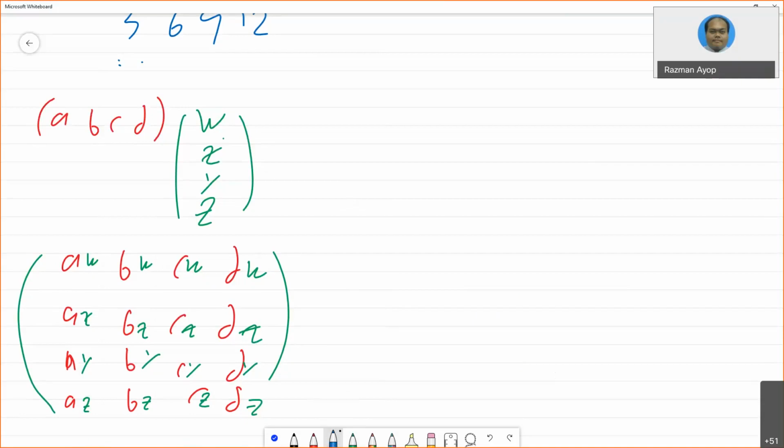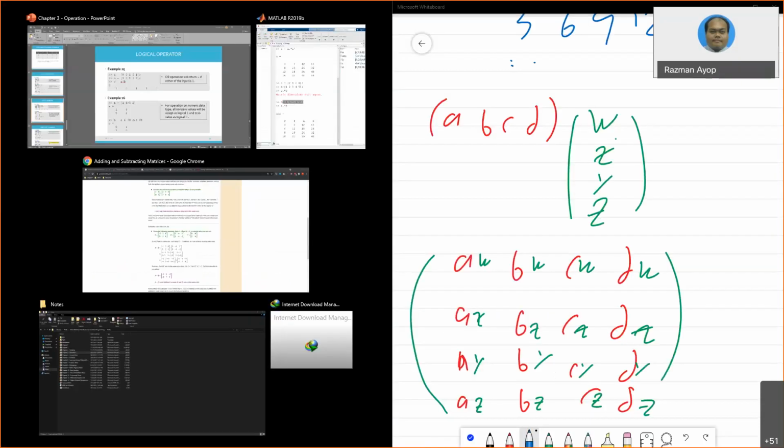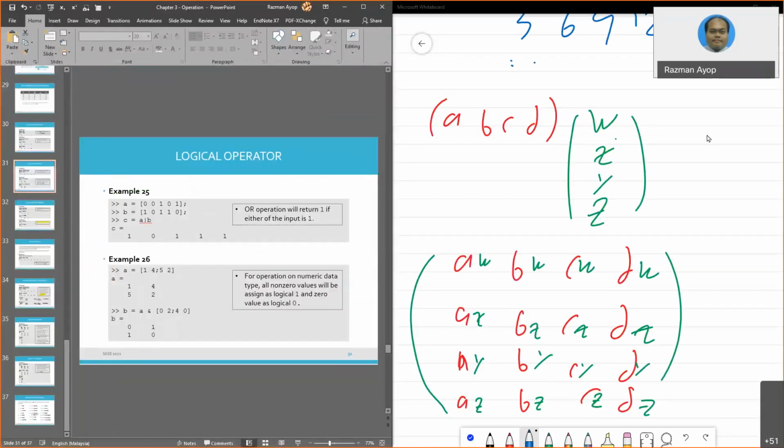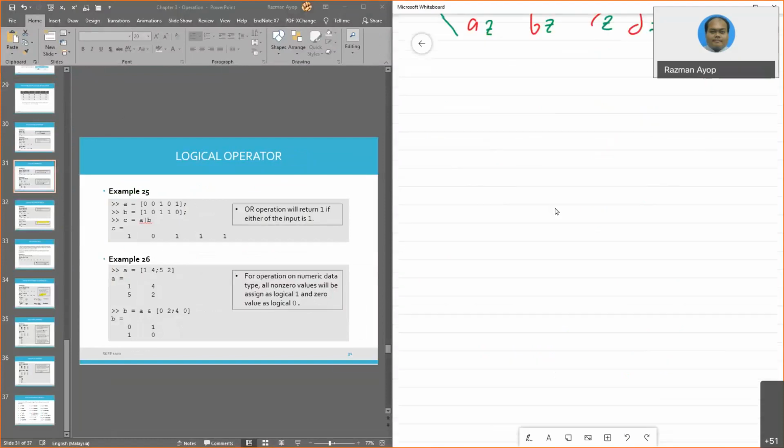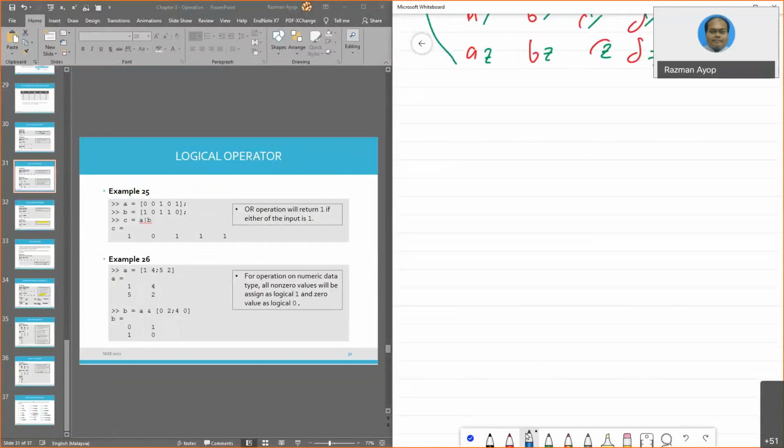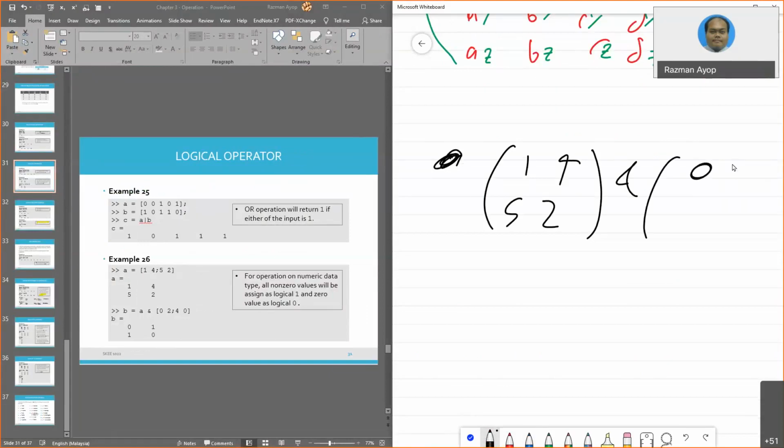So if I draw this again, A is 1, 4, 5, 2, and B is 0, 2, 4, 0.